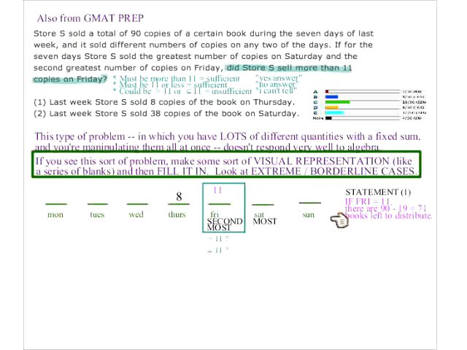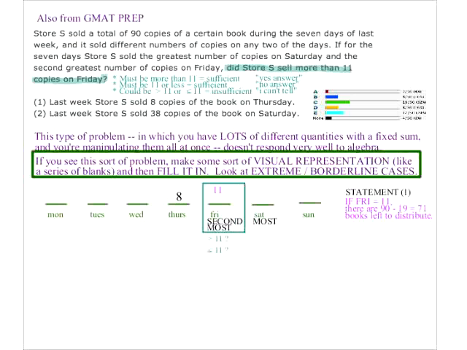Given that Saturday is the most, all you have to do is find something that works. Someone in the text box is saying that you can assume neither statement is sufficient. No, you can't, because actually one of them is. So you've got 71 books to distribute. You just have to find some way to distribute 71 books.